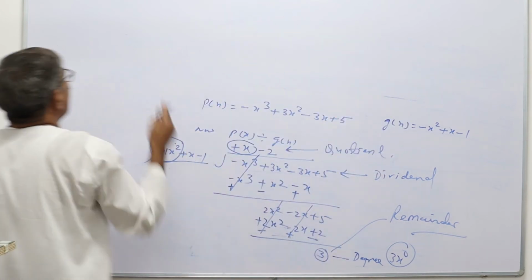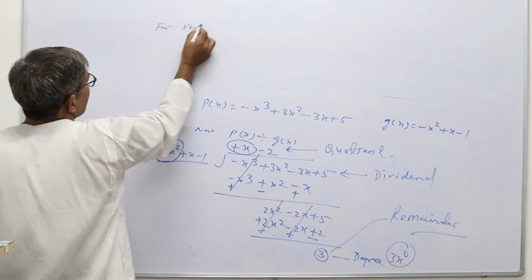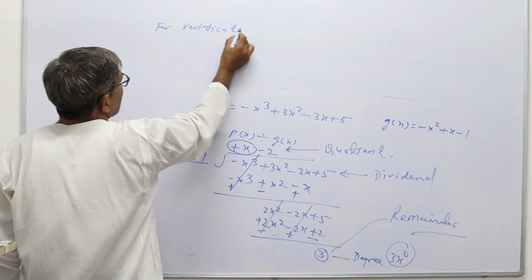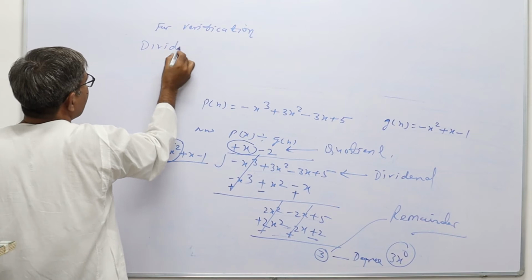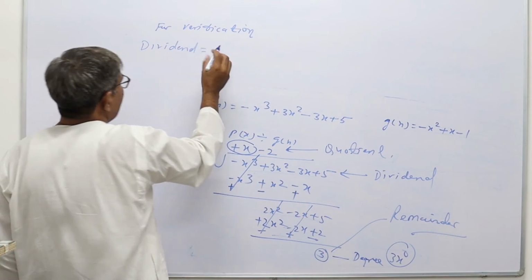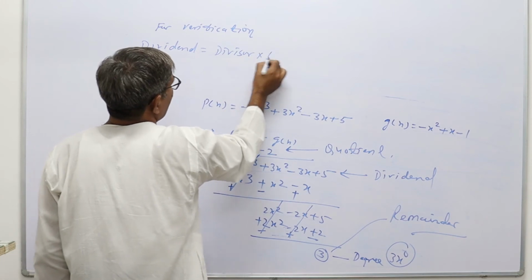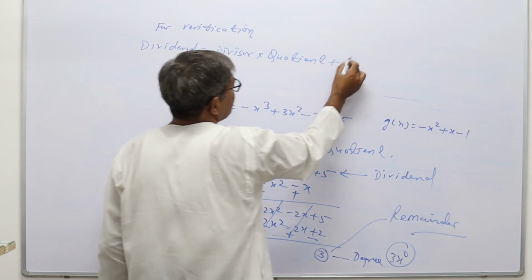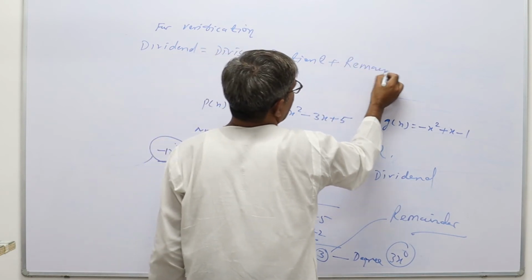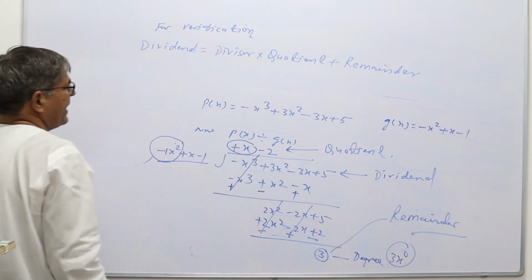So for verification, dividend will be equal to divisor into quotient plus remainder. So here what is the dividend?